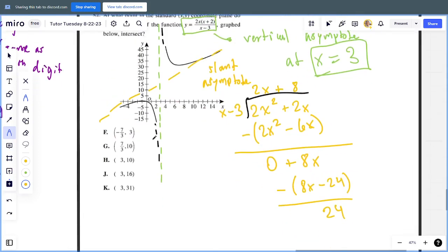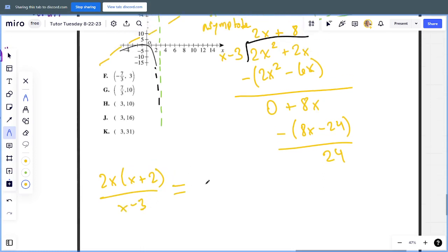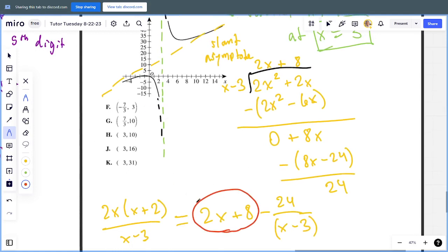So the function, 2x times x plus 2 over x minus 3, is equivalent to 2x plus 8 minus 24 over the divisor that we couldn't get rid of. But the main part we're interested in here is this 2x plus 8. That's going to be the equation of the slant line.